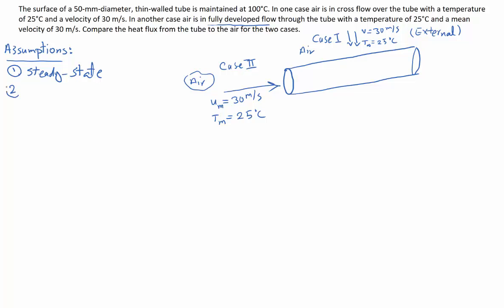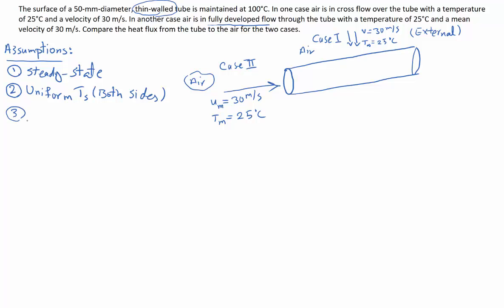We consider that the surface temperature of the cylinder is constant and uniform, Ts on both sides. We can well assume that the thickness of the tube is negligible because the problem statement says it's thin walled, so uniform temperature on both sides.